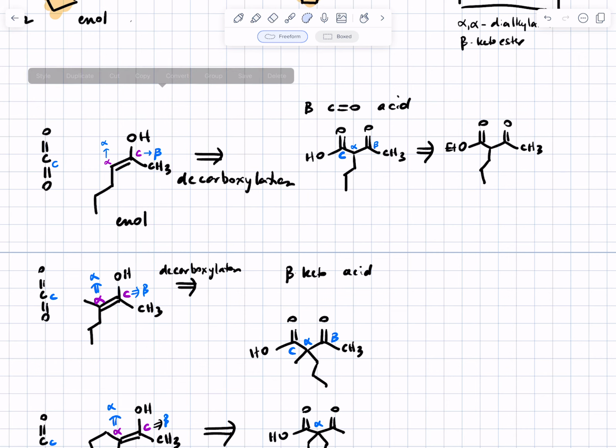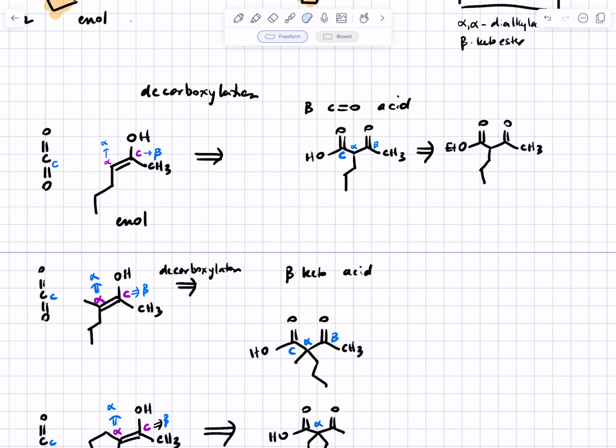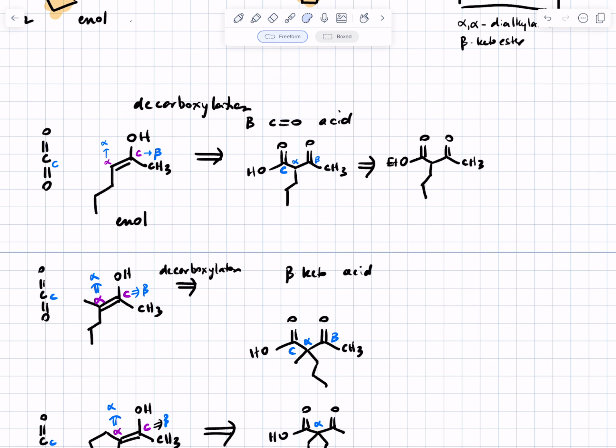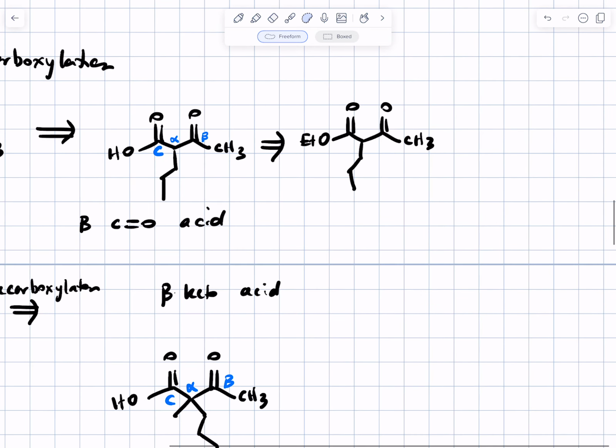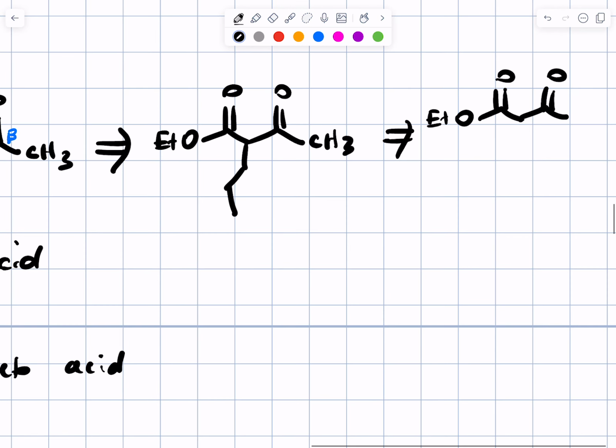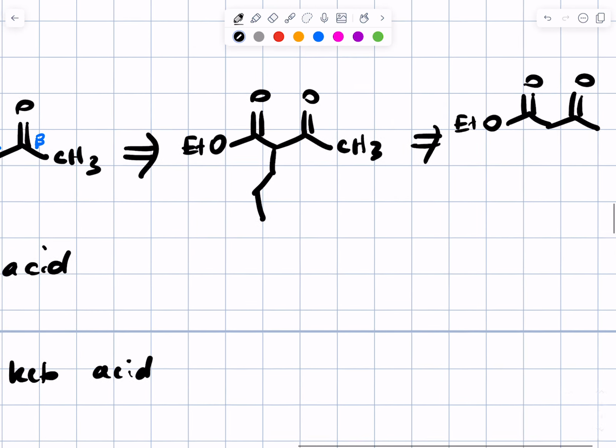Guess we need to slide some things over, maybe just a little bit. Here's the starting material. What was the alkyl group that got added to the alpha carbon?